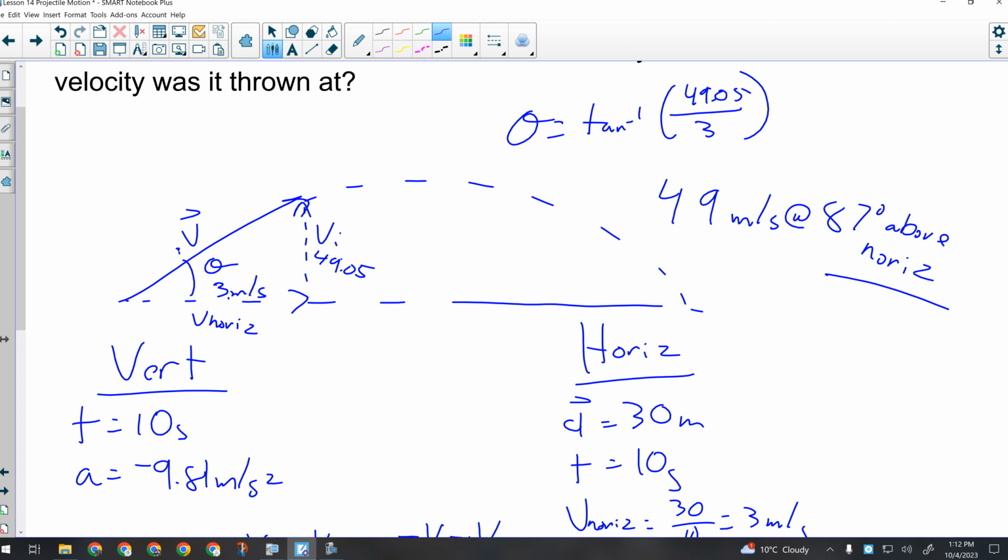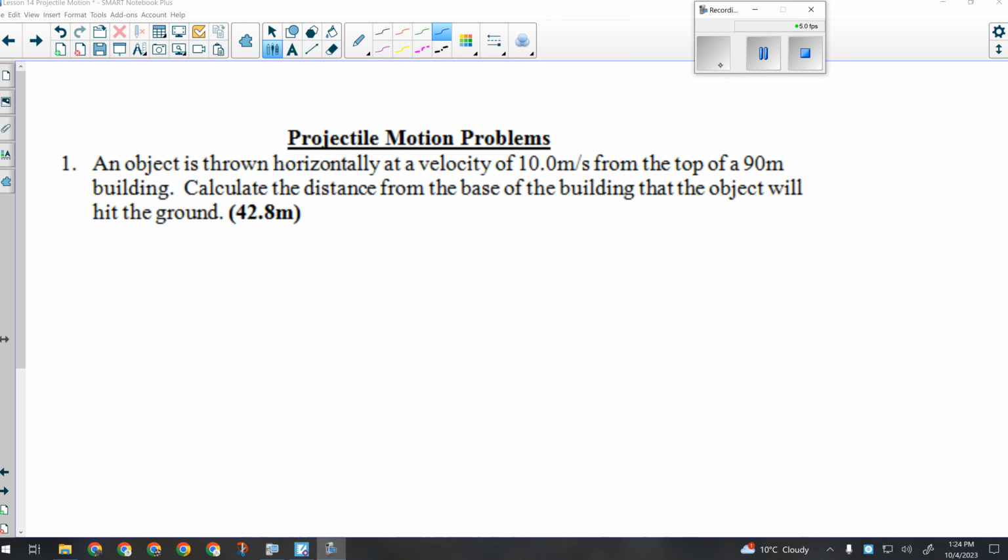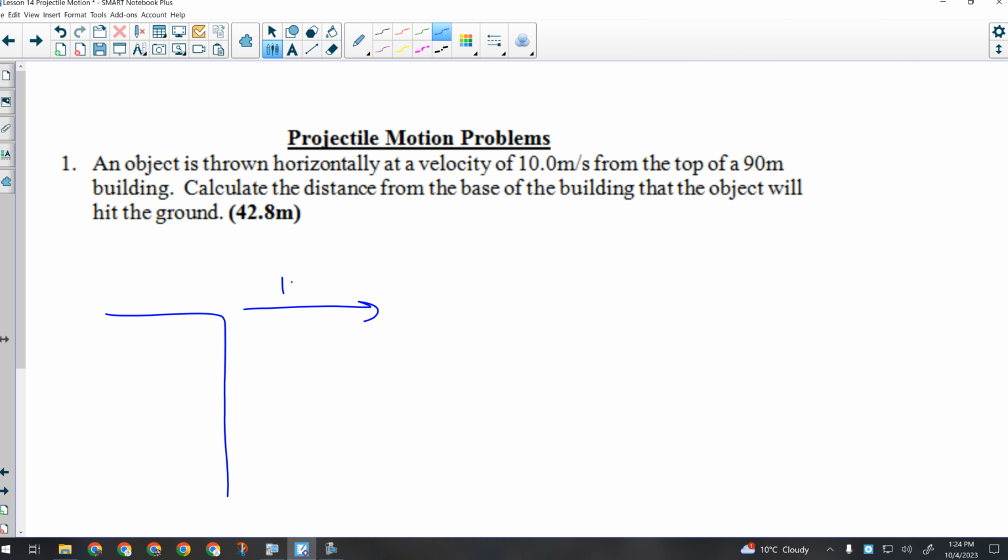All right, well, let's watch another terrible physics video. Okay, so on horizontal one here, an object is thrown horizontally at a velocity of 10 meters per second from the top of a 90-meter building. We're looking for the horizontal distance from the base of the building that the object hits the ground. Vertically, as always, the big thing to remember is that initially it was not moving vertically.